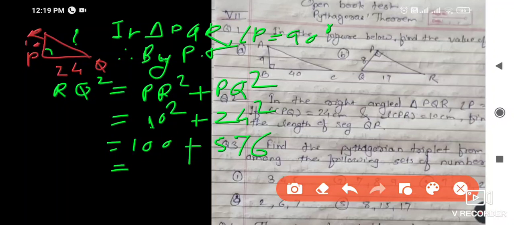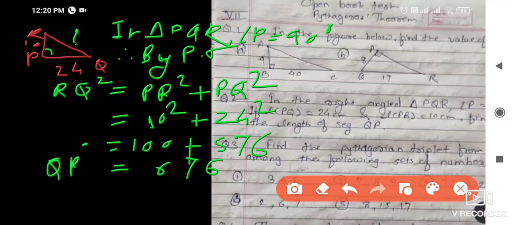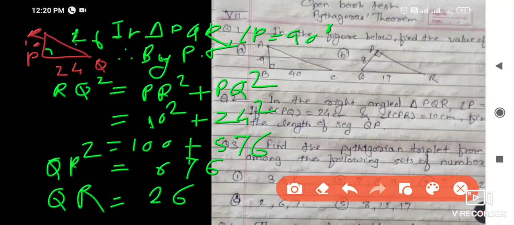Adding, we get 676. This is the value of QR square, so we take the square root. 676 is the square of 26. So the value of QR is 26. That is the second example.